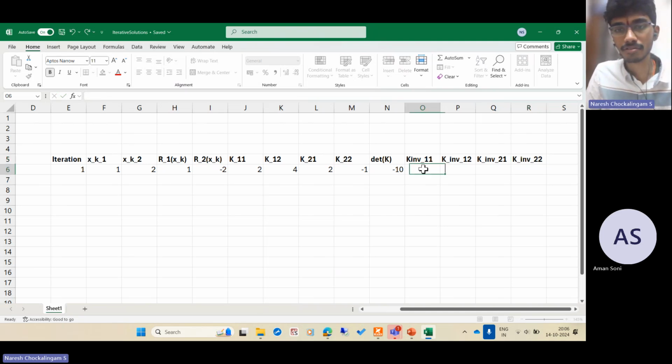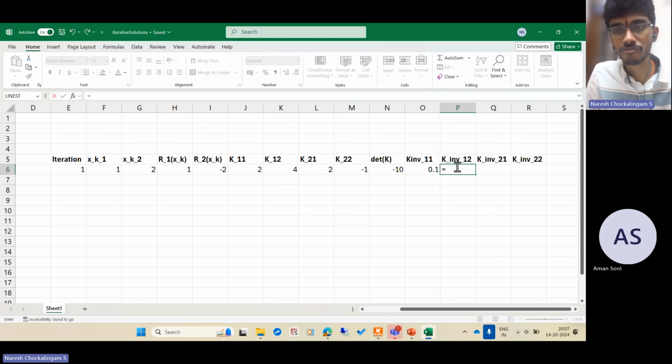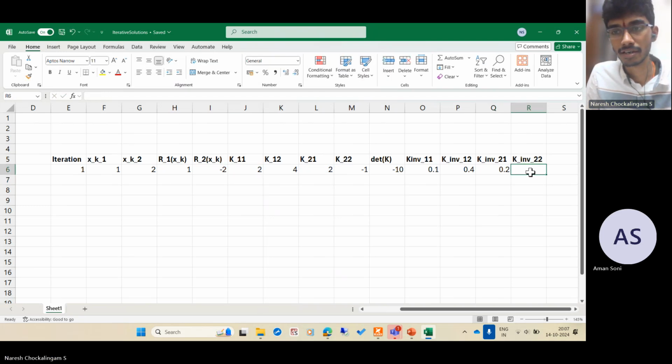You swap the diagonal entries and multiply the other entries by minus 1. So k inverse 1 1 is k 2 2 divided by the determinant, 1 2 is minus k 1 2 divided by the determinant, 2 1 is minus k 2 1 divided by the determinant, and 2 2 is k 1 1 divided by the determinant.